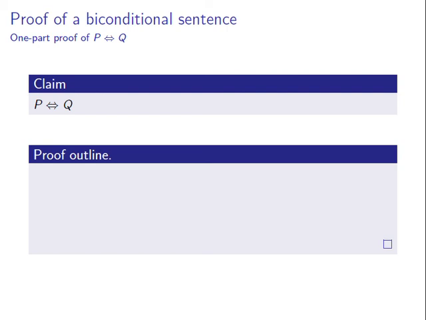Another way of proving a biconditional sentence is by a one-part proof. Recall that for propositions P, Q, and R, if P is equivalent to R and R is equivalent to Q, then P is equivalent to Q. Thus, a one-part proof of P if and only if Q begins by finding a statement R1 that is equivalent to the statement P. We then find a statement R2 that is equivalent to the statement R1.